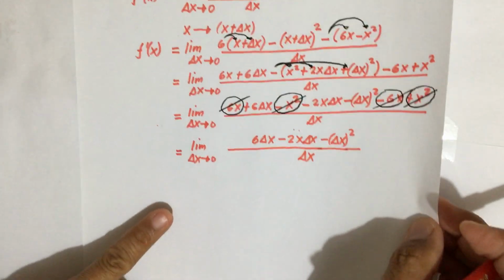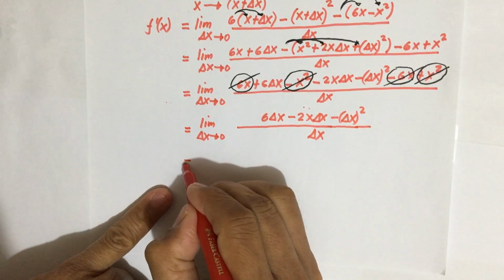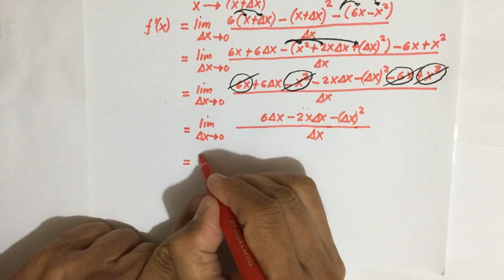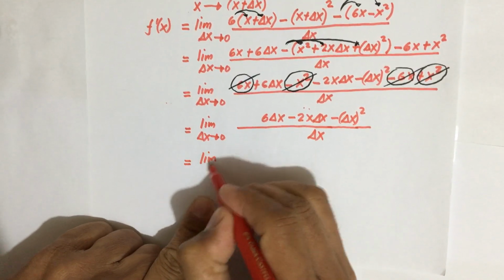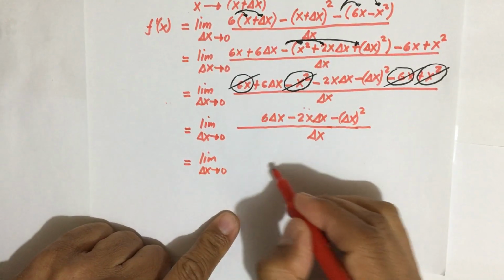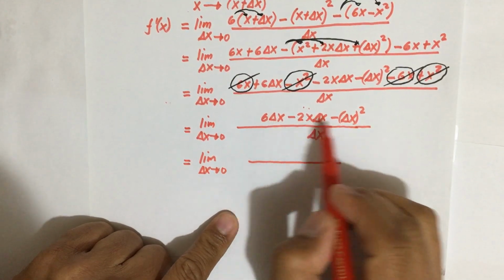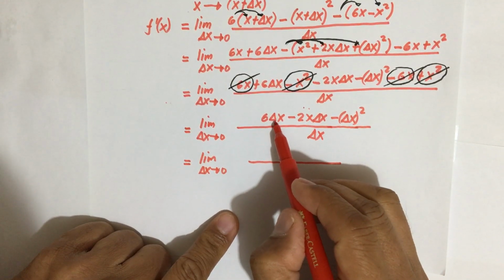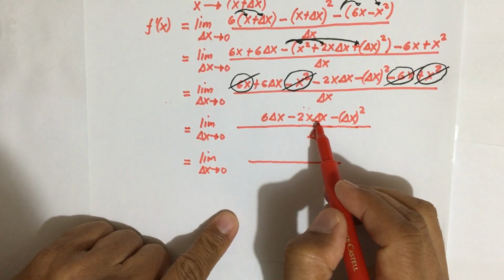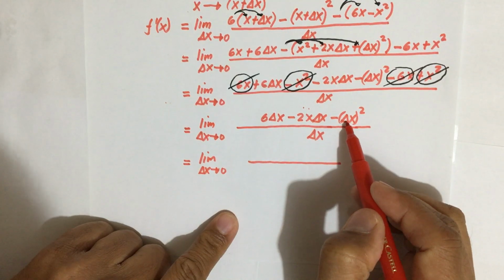Now if you look at the numerator, we can see that there is a common factor. Okay, so what is the common factor here? If you look at its terms, the first term has delta x. Second term also has delta x. Third term also has delta x, but it's squared.